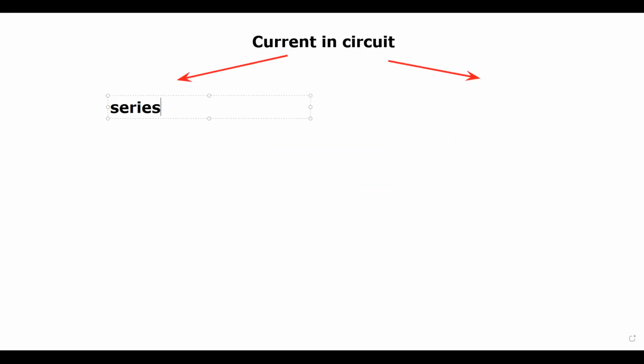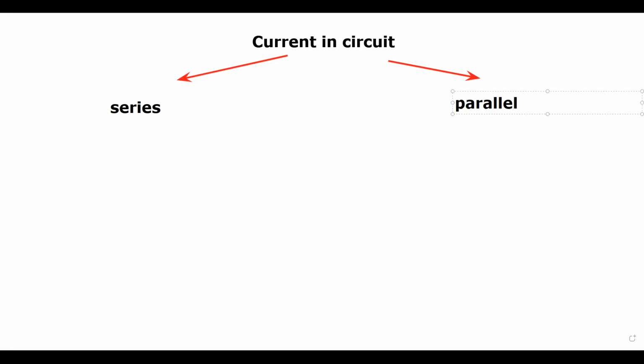so current in the circuit, and a circuit can be a series circuit or a circuit can be a parallel circuit.